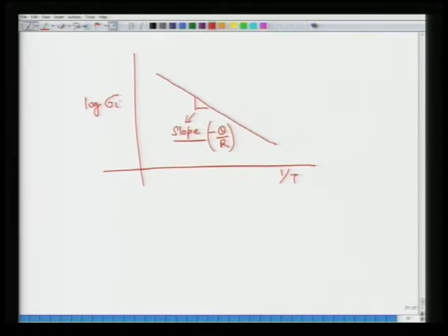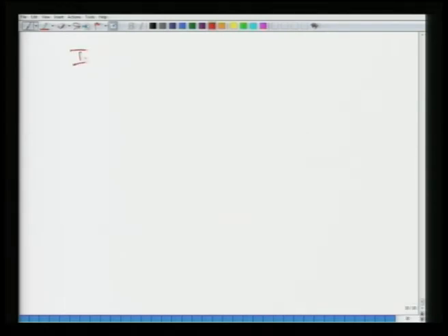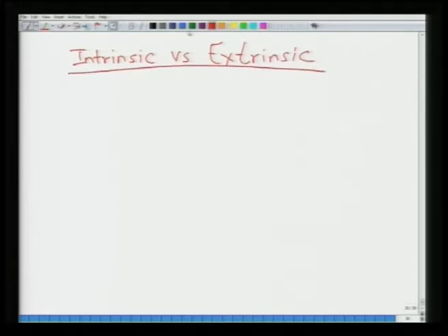Now, in case you have impure solids, similar to diffusivity, you will have two regions: intrinsic versus extrinsic. So, in case of systems having impurities, whether intentional or unintentional, it does not matter.